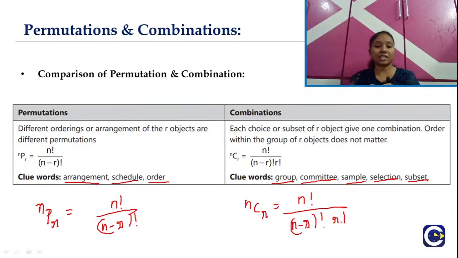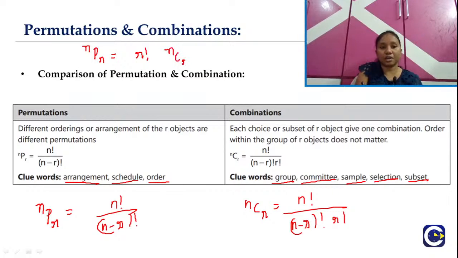So now can we establish a relation between these two or not? Yes, we can establish a relation. That is nothing but nPr will be equal to r factorial into nCr. Because if we multiply with r factorial, this r factorial and the denominator r factorial will get cancelled, which will be equal to this.